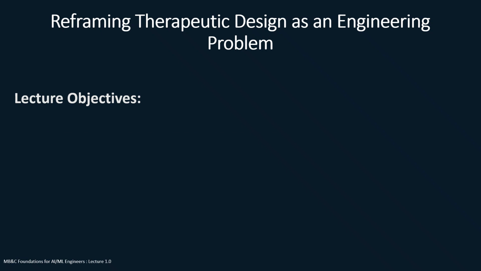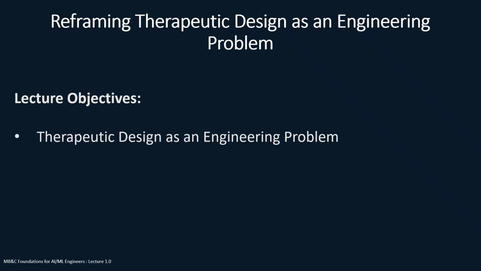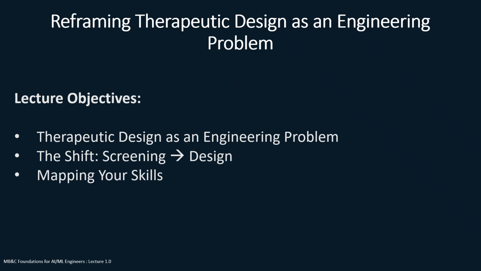Second, we need to talk about the shift in the workflow from lab first screening to design driven pipelines where candidates are evaluated on computer before experiments. Third, how your existing engineering skills transfer.